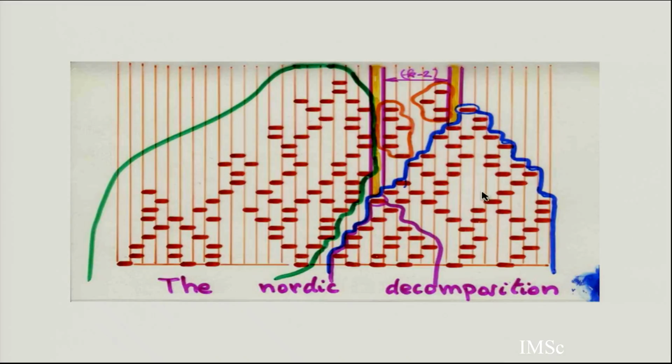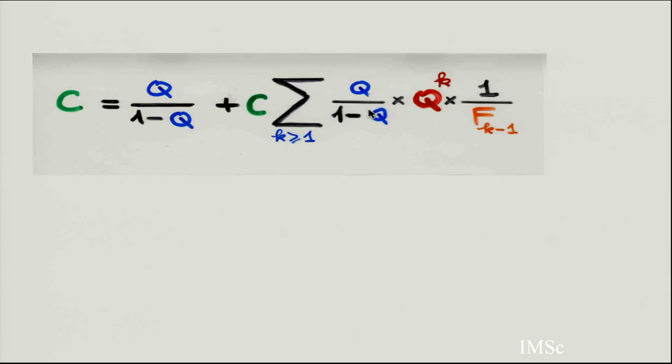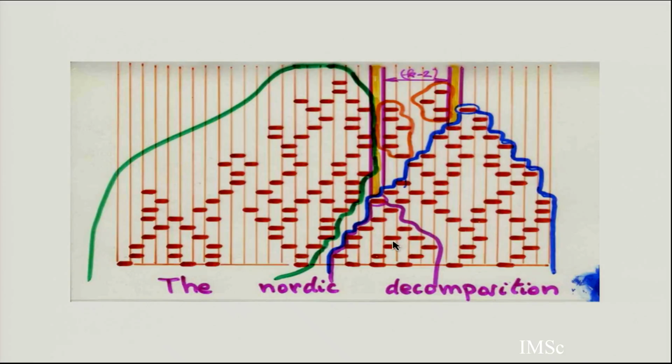And the blue and purple part is q over 1 minus q multiplied by q power k. Yeah, because this is a general pyramid whose width is k equal 1, 2, 3, 4, 5, so it's q plus q2 plus q3 plus.